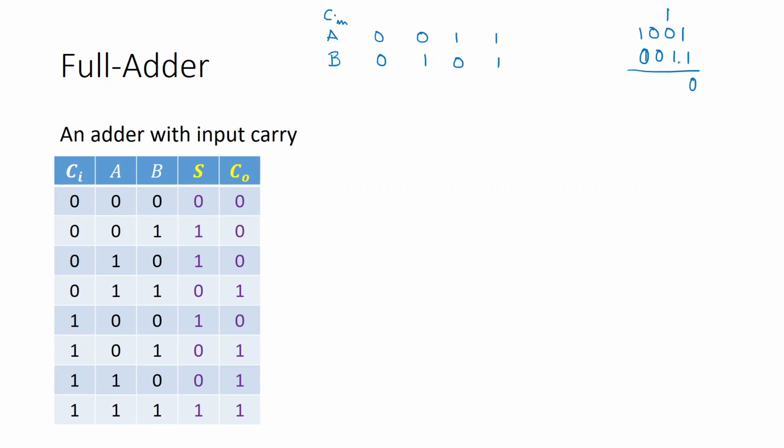So normally when I am adding 2 numbers, I am actually adding 3 bits. I have to have an option of adding 3 bits when I am adding 2 binary numbers. So that is the option given here in the full adder.